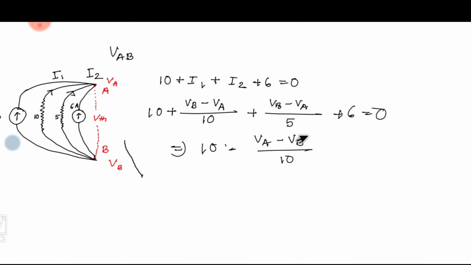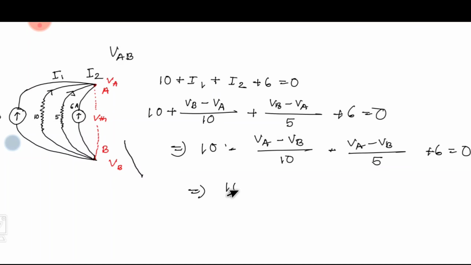Again we take a minus sign, so the equation would be VA minus VB by 5 plus 6 equals 0.